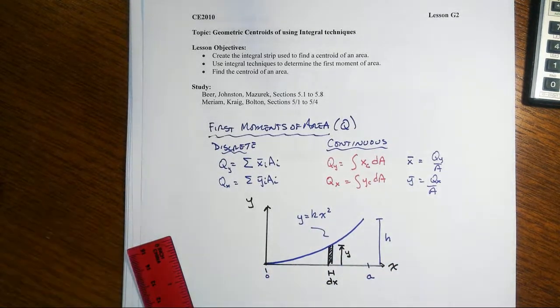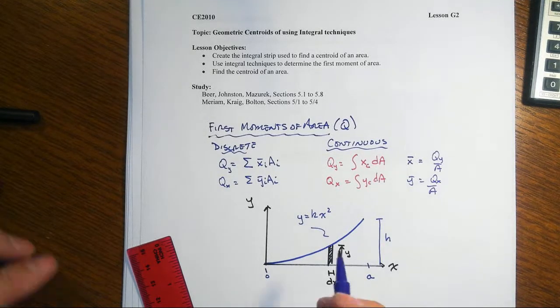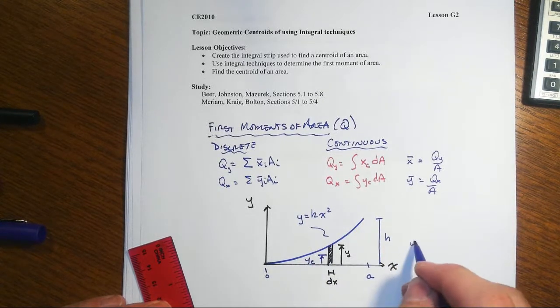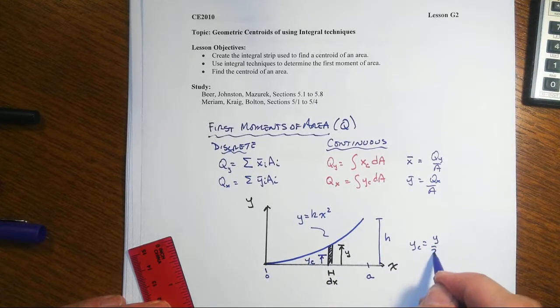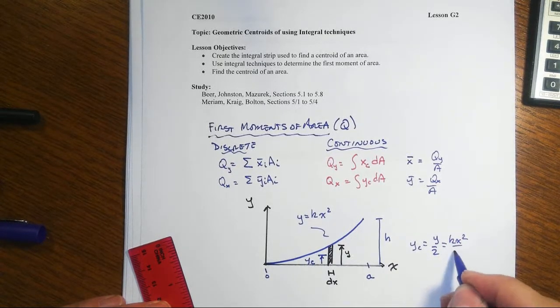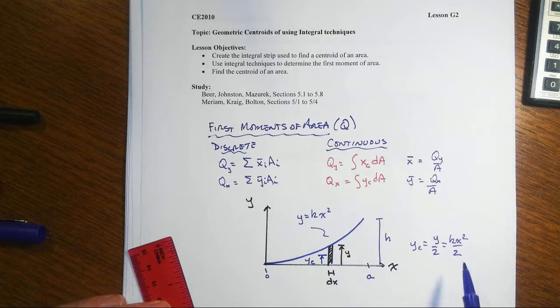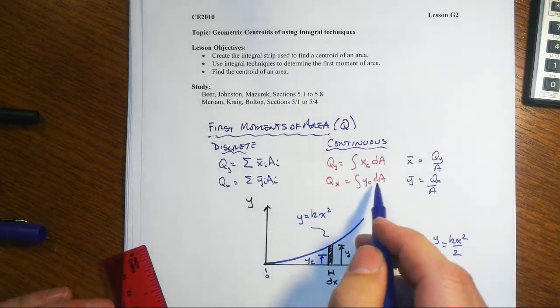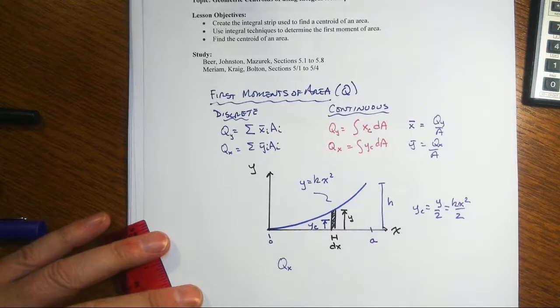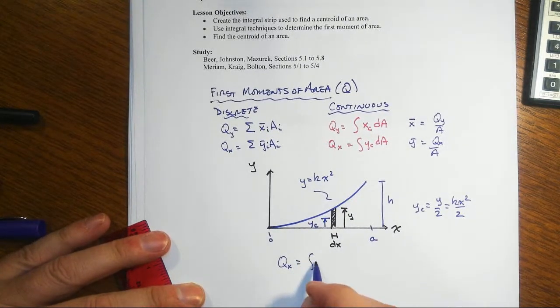Now, the centroid of a little rectangle is, of course, at mid-height. Since the height is y, then the centroid, or y sub c, is equal to y divided by 2. y is equal to kx squared, so you'd end up with y sub c looking like this. So this expression for Q_x, the first moment with respect to the x-axis, is the integral of y_c dA.